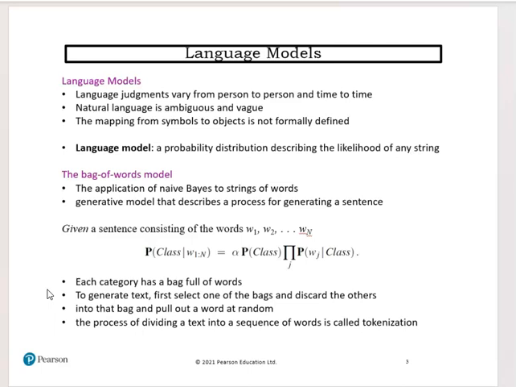Essentially, we can learn the prior probabilities using supervised learning on a corpus of text, where each segment of text is labeled with a class. So we train our model with each segment of text, so it could be a word or more than one word, and it's labeled with a given class.